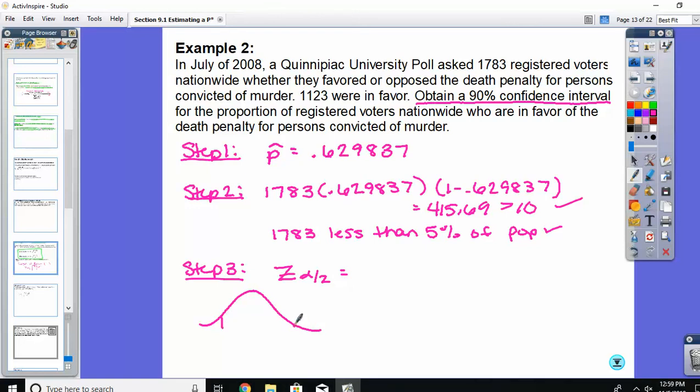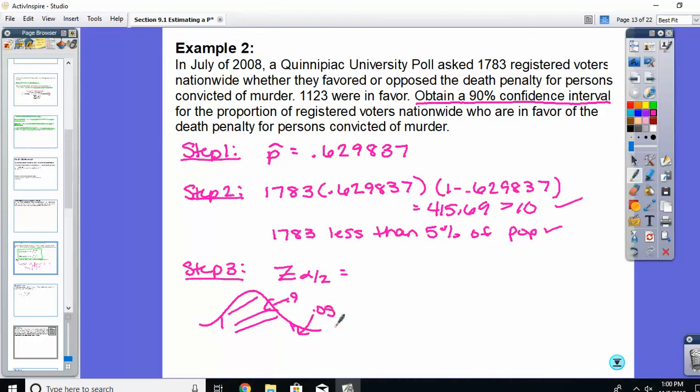We want basically 90% to be in the middle. So that means how much would be on each end? 5%, right? That's where the alpha over 2 comes in. So our alpha is really like 1 minus 0.9. So that's 0.1. But you would divide it up over the 2 ends. So it's 0.05. Right? 5% is this piece right here.